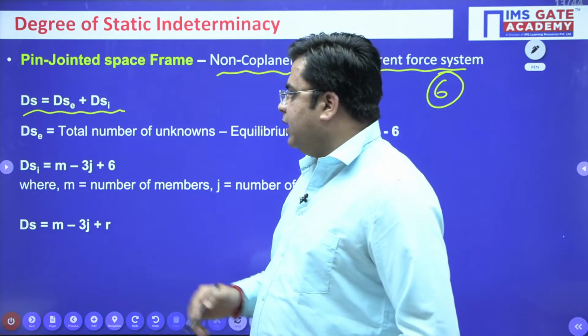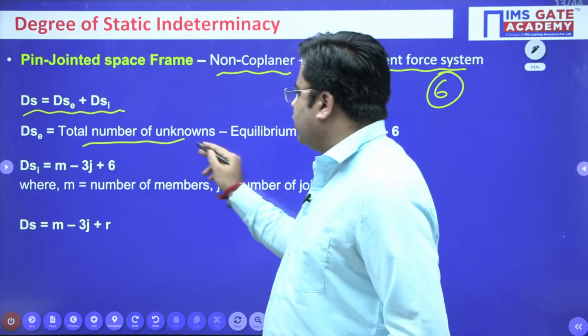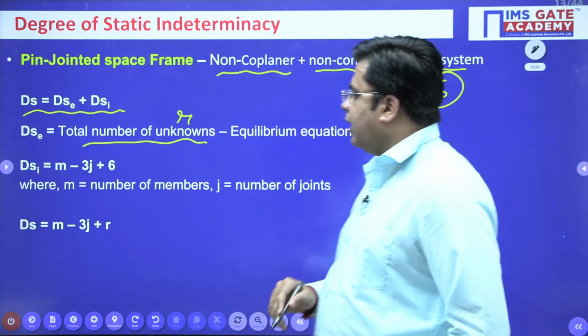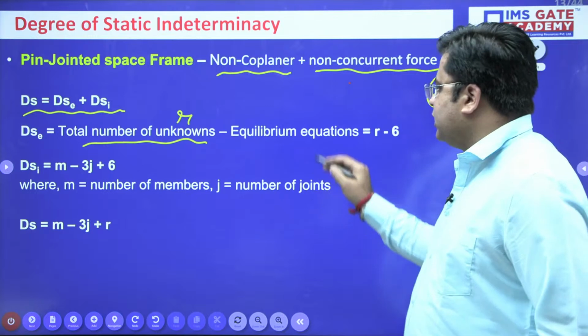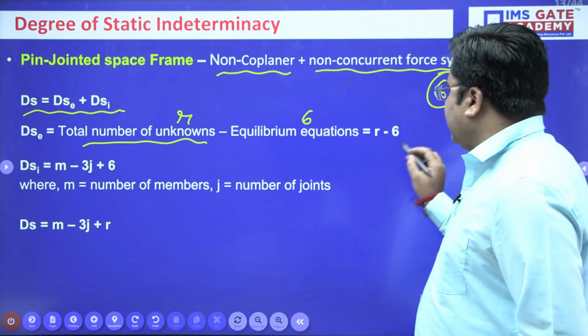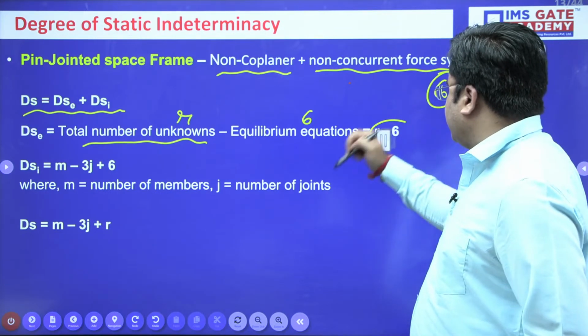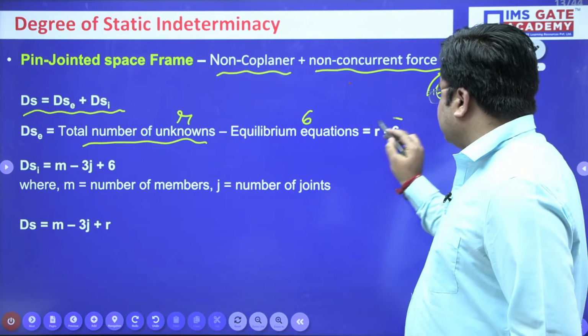DSE is again the total number of unknowns, that is R, and the total number of equilibrium equations is 6. So, the degree of external indeterminacy for a pin jointed space frame comes out to be R minus 6.